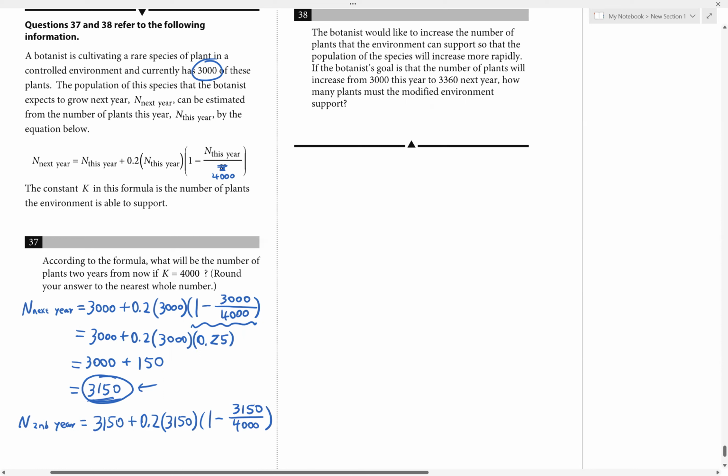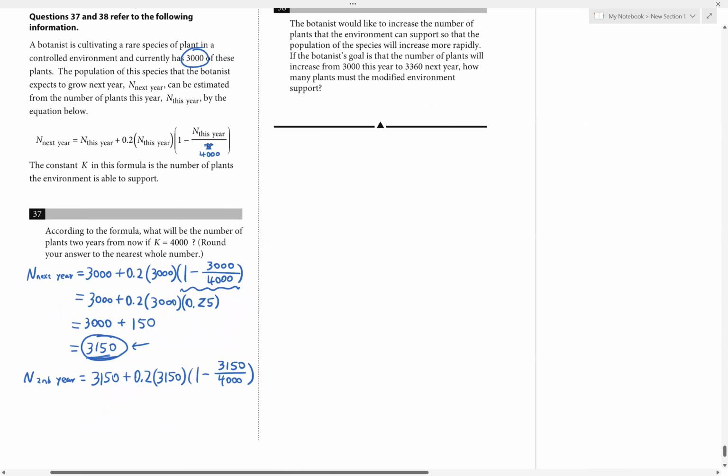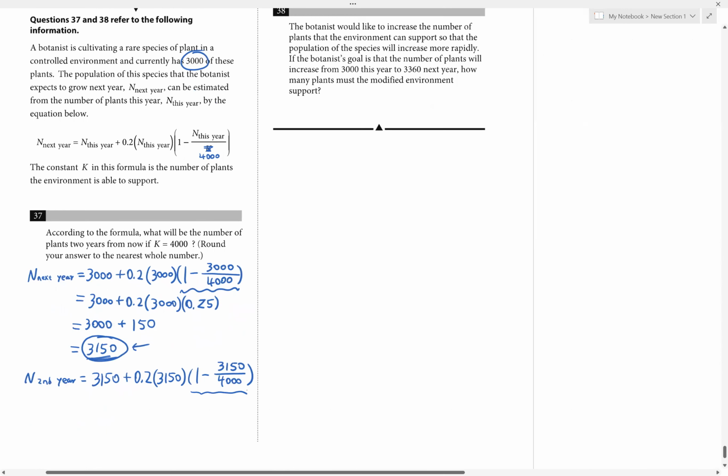Now we're just going to solve this out. We start with the last parentheses, 3,150 divided by 4,000, and then we do 1 minus that. I got 0.2125 here.